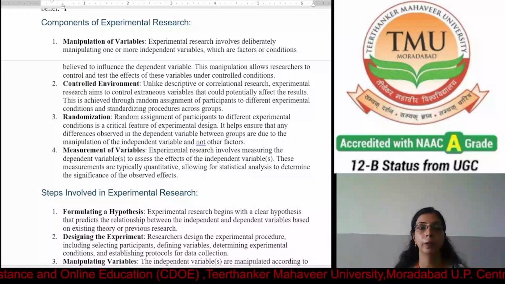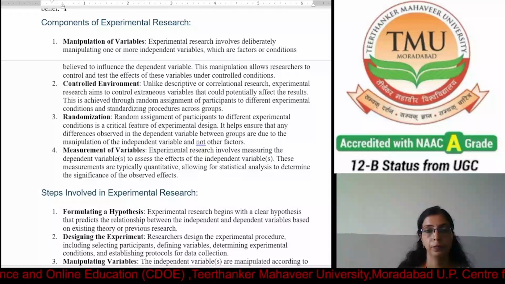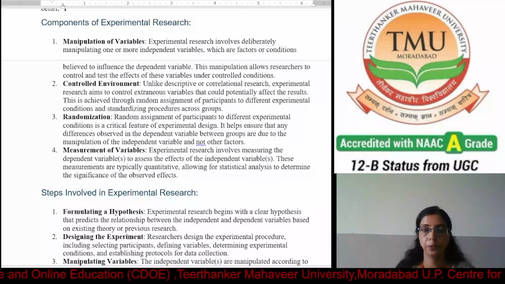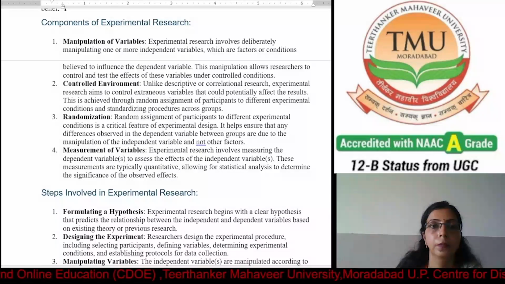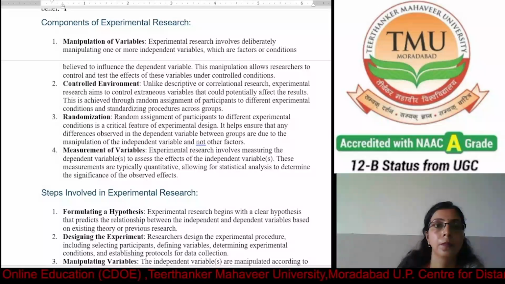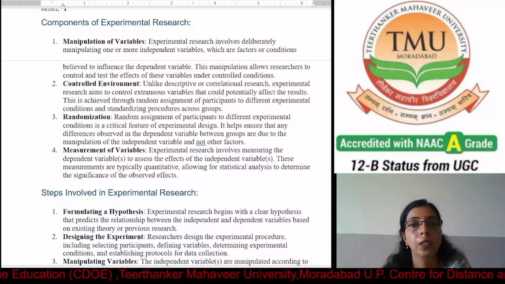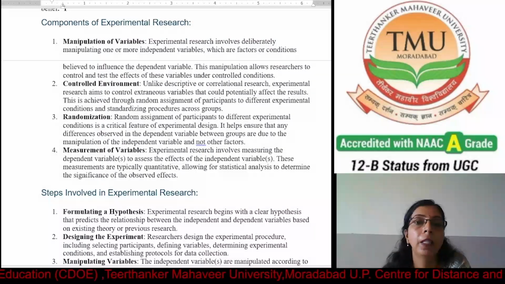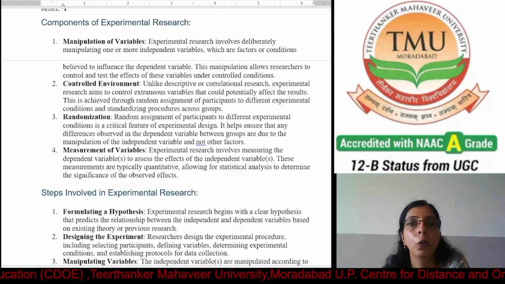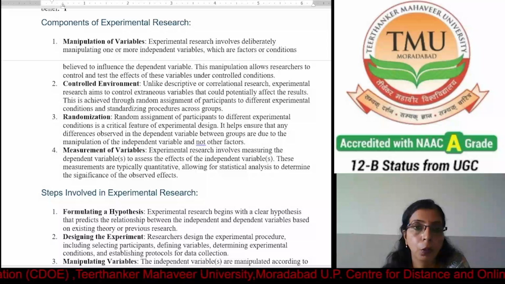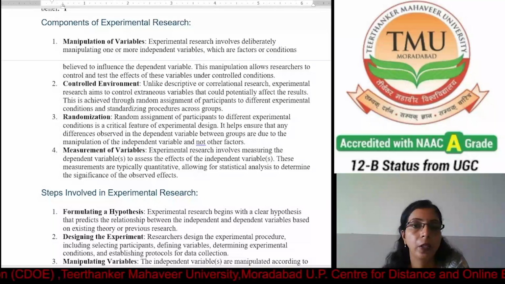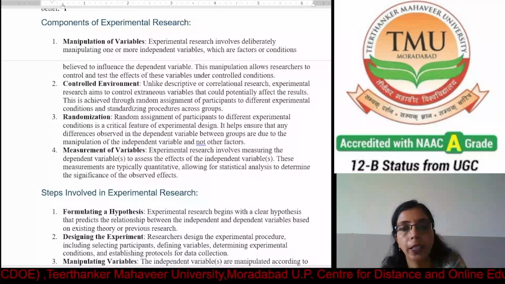Experimental mortality. For example, some subjects in the experimental group who receive low scores on the pre-test drop out after taking the test.